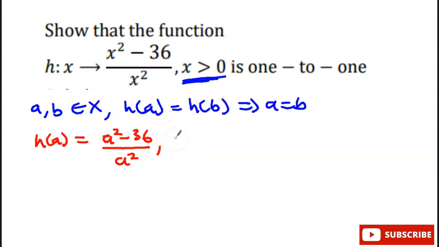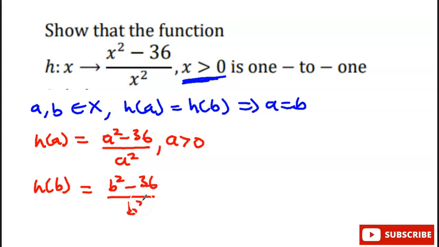Now the condition is A must be greater than 0. Very important. And then h of B is equal to B squared minus 36 over B squared. Once again, bring your condition. B must be greater than 0.